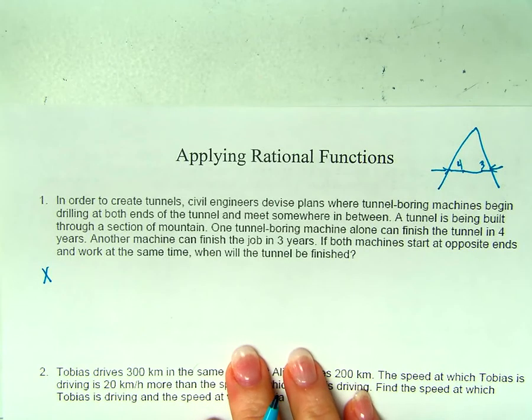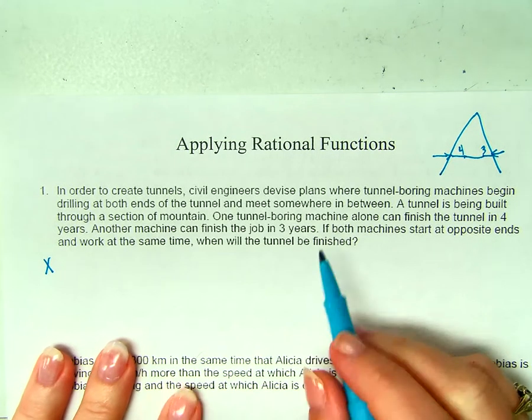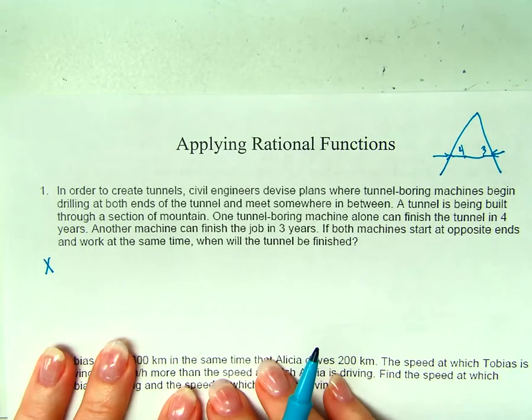Because then the whole rolling of eyes happens, because we all know X is a variable, right? What I mean by define a variable is we have to decide what variable we're using, which in this case, we'll say X, and then what it's going to stand for. Well, what is the question asking us to find?